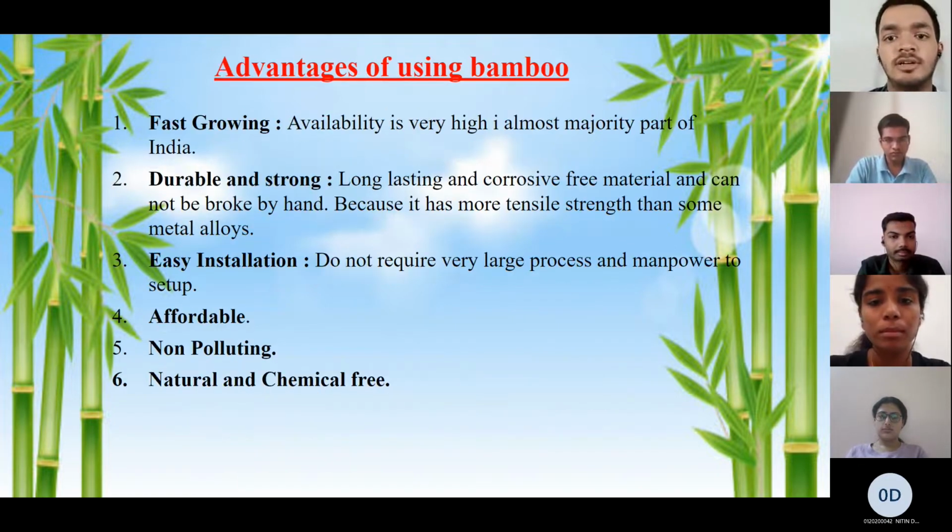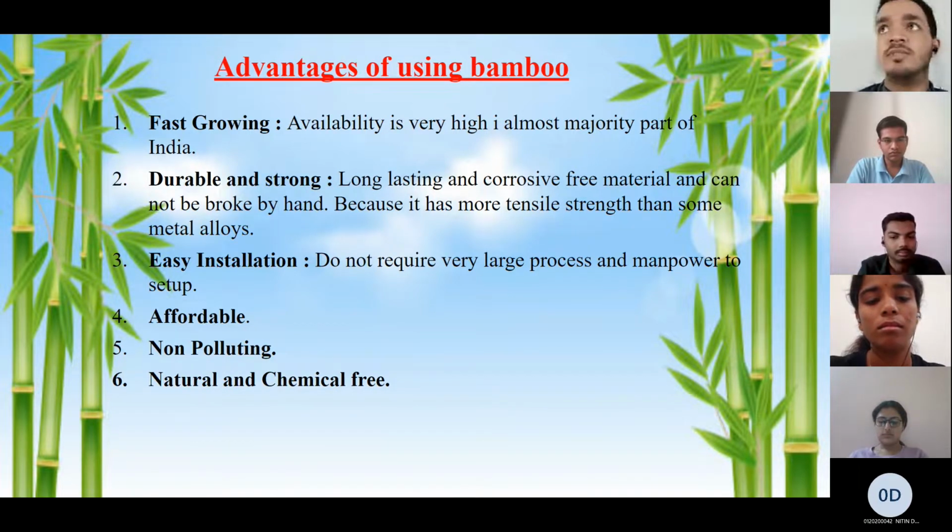Next slide. Now we will see the advantages of bamboo. Bamboo is the fastest growing plant, and it is readily available in almost every part of India. It is durable and strong. Due to its corrosion-free nature, it does not break easily by hand. It requires very high weight to be broken into two parts. Third is easy installation. It does not require any machine-level process.